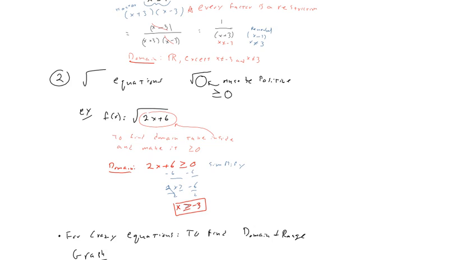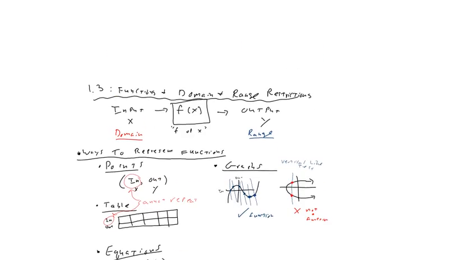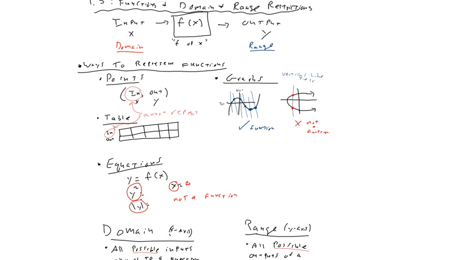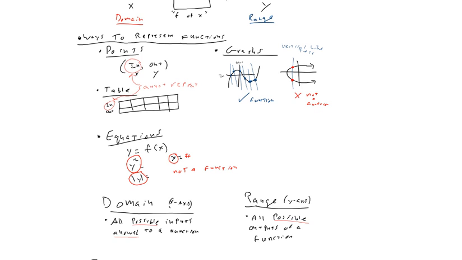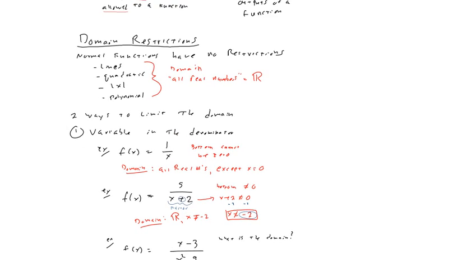Anyway, things to know. What did we talk about today? We talked about domain restrictions, how to represent functions, graphs and tables and equations, and domain and range. Normal functions have all real numbers for the domain, but there are two main things: fractions on the bottom or square roots give our domain some restrictions.